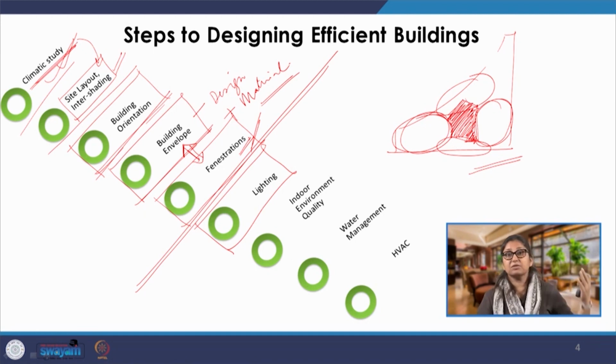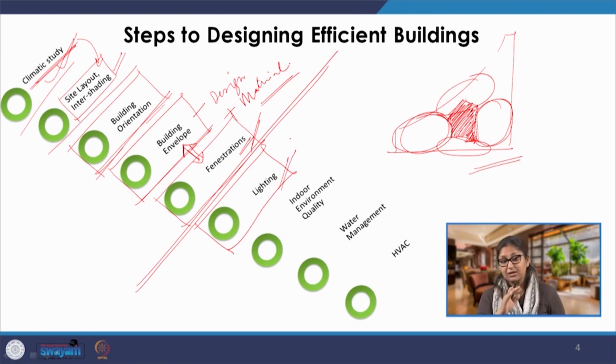If it is a university building, it is a daytime use building, we do not use the classrooms in the night. So, we have to design the classrooms for bringing in a lot of daylight, but now there could be a room which is used for audiovisual purposes, there may be presentations, projections happening. Now, in such cases we will have to provide for artificial lighting. So, that support is to be designed here.